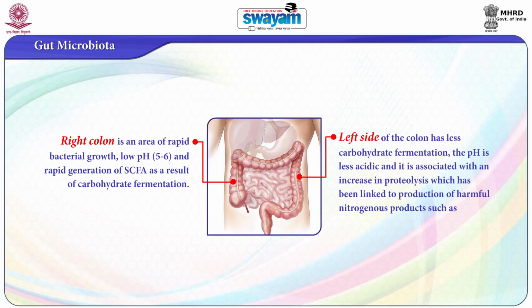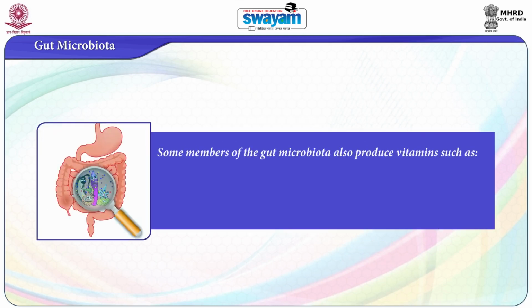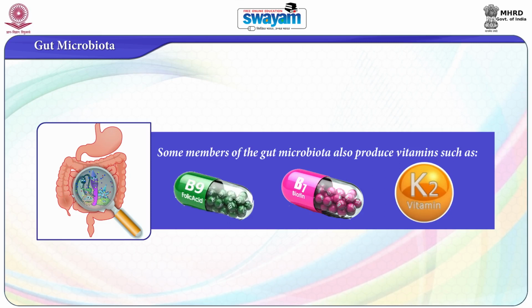The left side of the colon has less carbohydrate fermentation and the pH is less acidic, and it is associated with an increase in proteolysis, which has been linked to production of harmful nitrogenous products such as ammonia, amines and phenolic compounds. Some members of the gut microbiota also produce vitamins such as folate, biotin and vitamin K2.